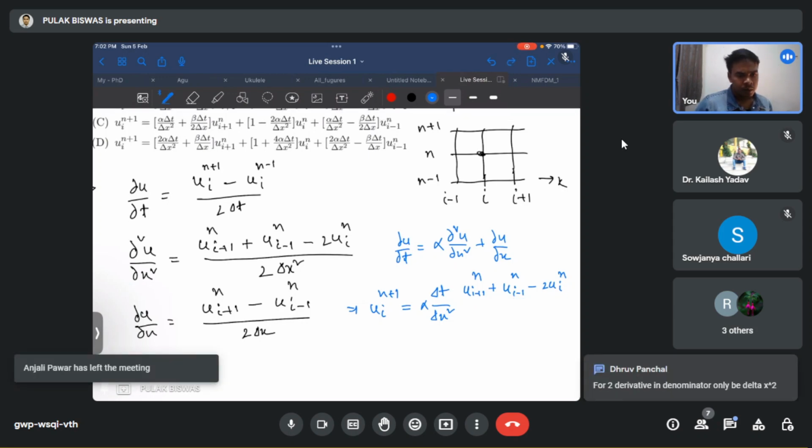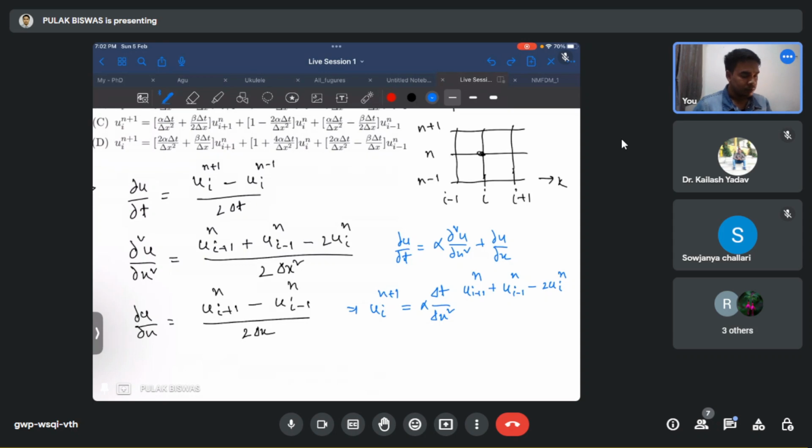For the second derivative in the denominator, only delta x square. Yes. So it will be coming here.